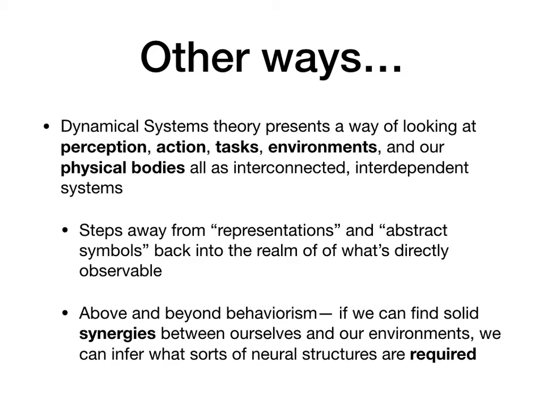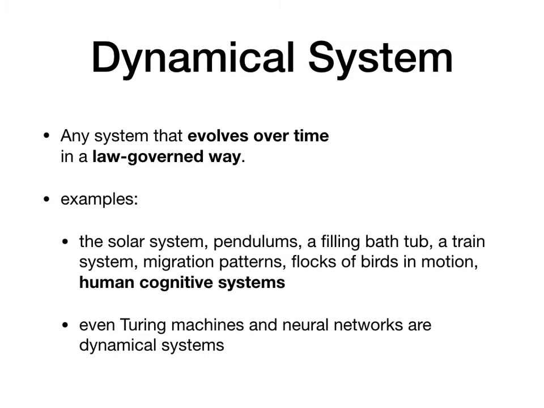The whole big mess that is us interacting in our environments. So, what is a dynamical system? Any system that evolves over time in a law-governed way or rule-governed way.